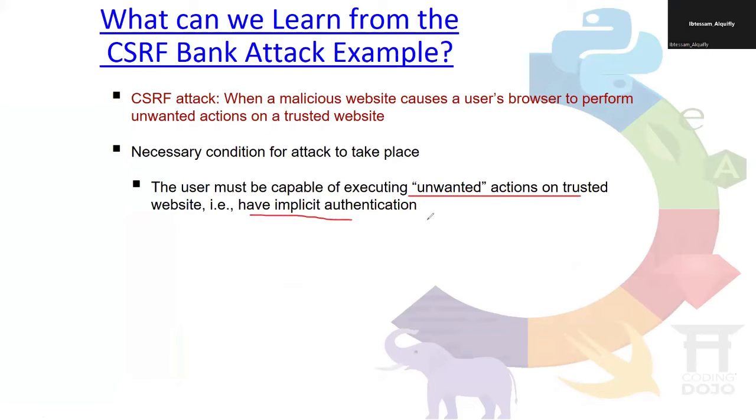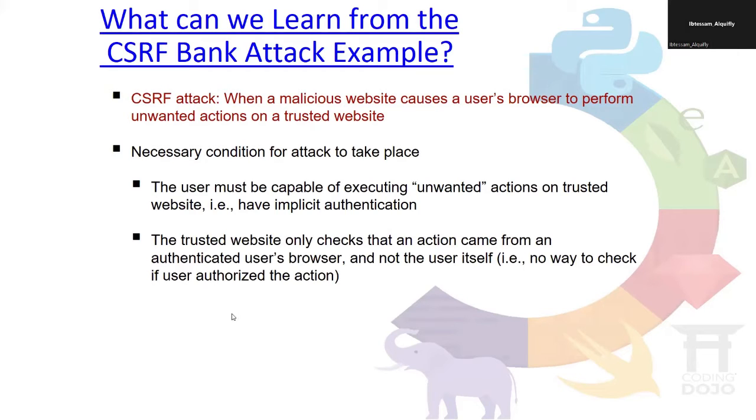We have implicit authentication, meaning you or your browser is authenticated to your bank.com. So this is one thing. The other thing that needs to be there is that you visit the bad website. The trusted website only checks that an action comes from an authenticated user browser and not the user itself.